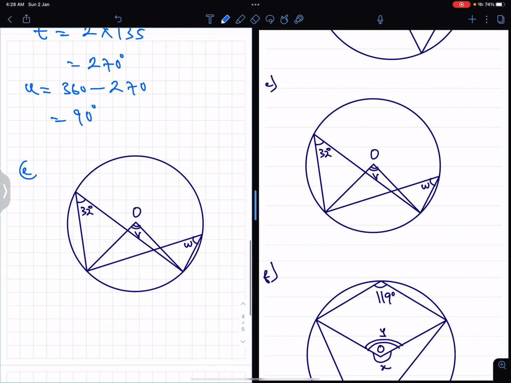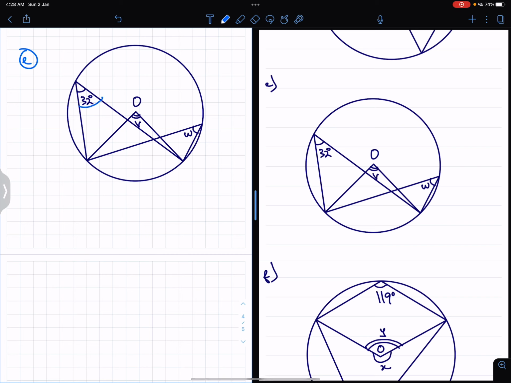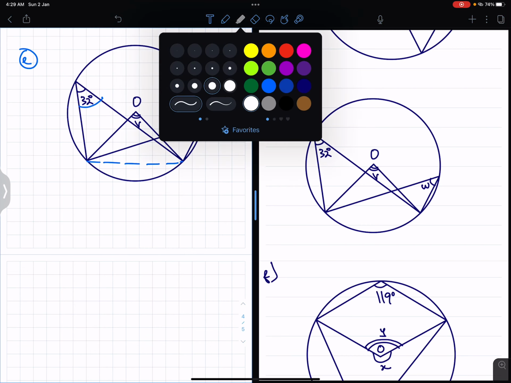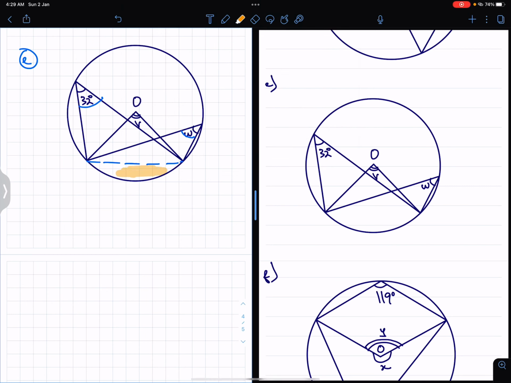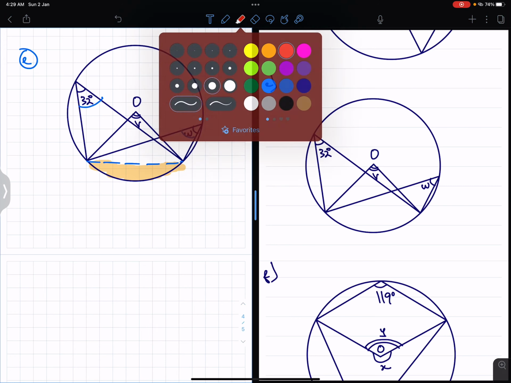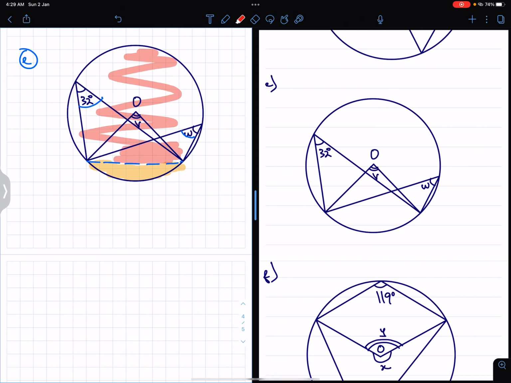Now to E, here we can see that angles W and 32 are in the same segment. If I divide the circle into two segments this way, this is one segment and this is another segment.